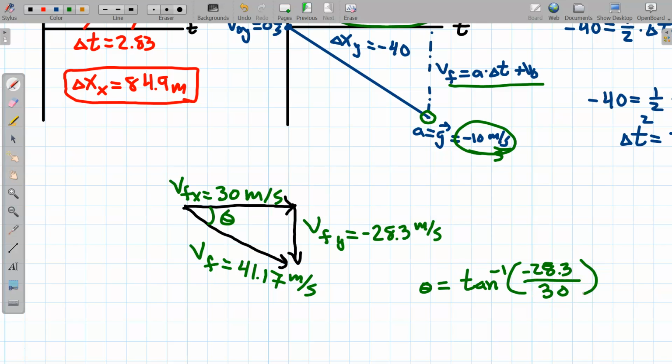And when you plug that in, you're going to get theta equals negative 43.23 degrees. And that negative just means underneath the horizon. Make sure you're in degree mode when you do that with your calculator. And there you go, horizontal launches.